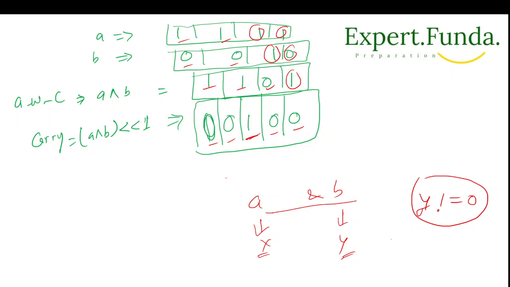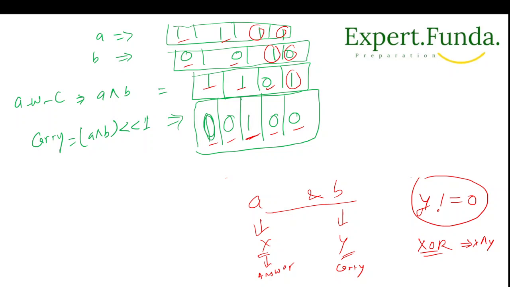The current answer without carry is XOR, which we have already seen, right? We'll take the answer as x XOR y, so this will go to our answer, and y will go to the carry.